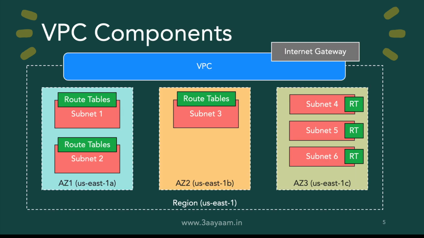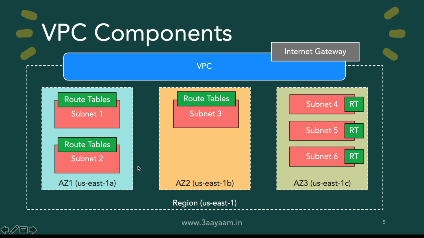So this is the diagram of the VPC components. First we have the VPC, which spans the entire region. A VPC should also have an internet gateway, which we create separately and attach to the VPC. Now we can have multiple AZs inside of that VPC. In this case, I have chosen US East 1A, 1B and 1C, and the subnets sit inside the AZs.